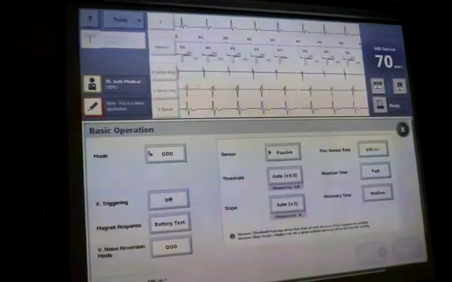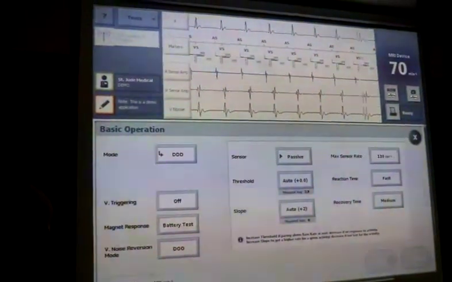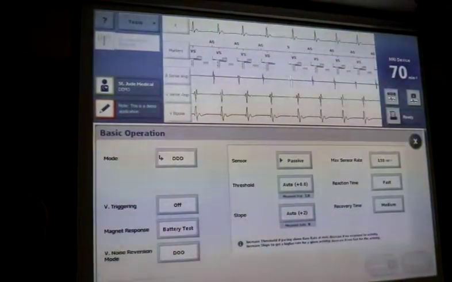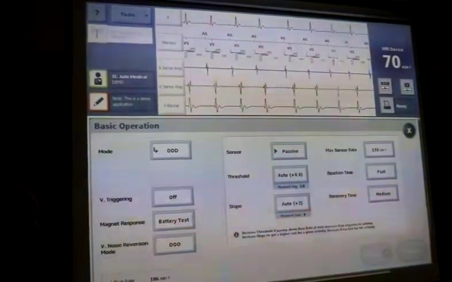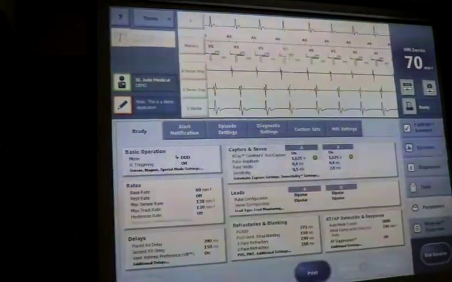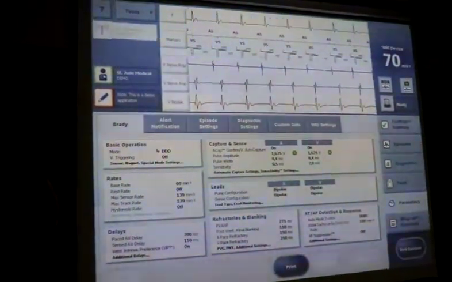Leave it alone, right? How do you know if someone's got a problem with their SA node? Well, it's difficult, but they might be in quite profound sinus bradycardia. You might send them for a walk and the heart rate doesn't go up. But also you can look at 1 month or 3 months or 1 year in the diagnostics.